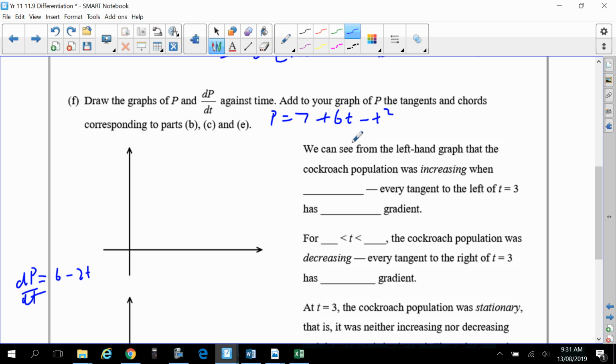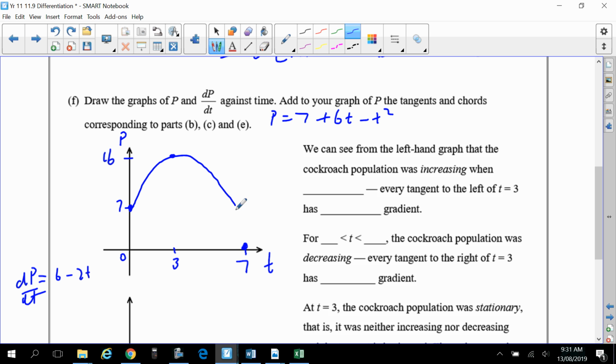Now, remember the initial number of cockroaches was 7, and after 3 months, it becomes 16, right? So that will help you to graph it against time. And you know it's a parabola, and in particular, it is concave down. And it got eliminated after August, which is 7 months. You don't have to factorize.